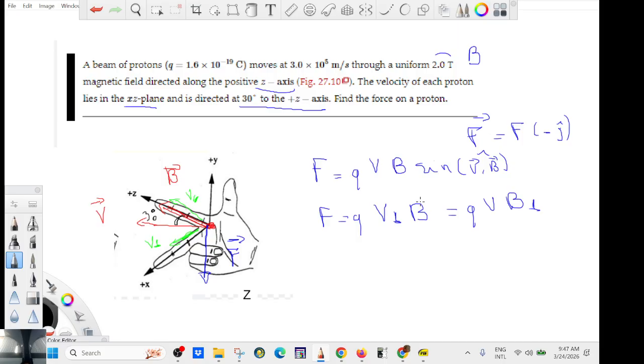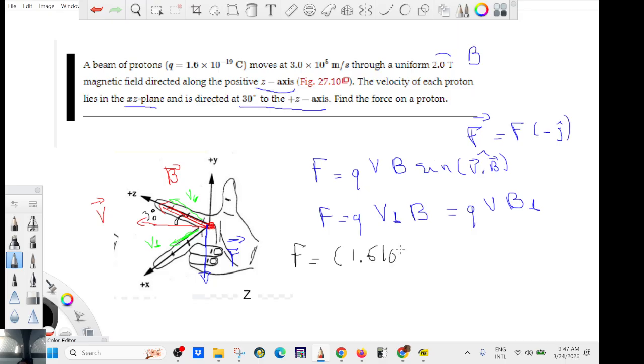Plug in. Just plug in. So now we just find the magnitude, right? What did you find? Yes, you're right. What did you get? Yes, 4.8 times 10 to the negative 14, you're right.